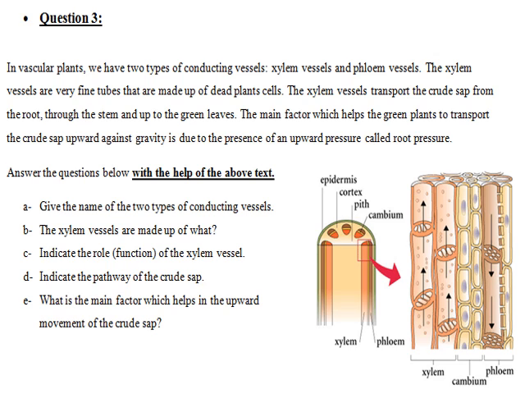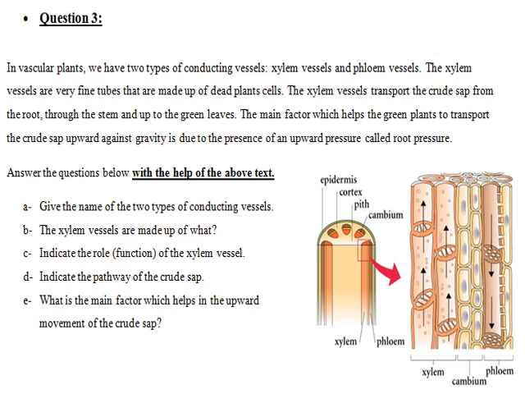The xylem vessels transport the crude sap from the roots to the stem and up to the green leaves, and moreover they transport the crude sap from the root hairs up to the root, then to the stem, and finally to the leaves. The main factor which helps the green plant to transport the crude sap upward against gravity is the presence of an upward pressure. This is what we call root pressure.